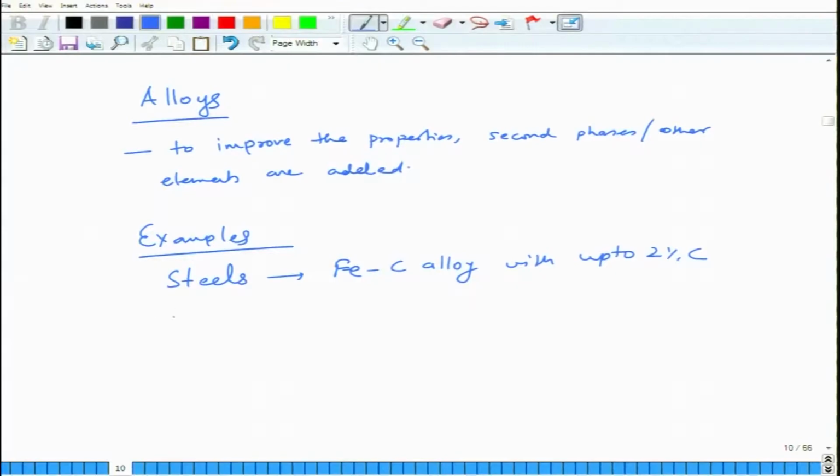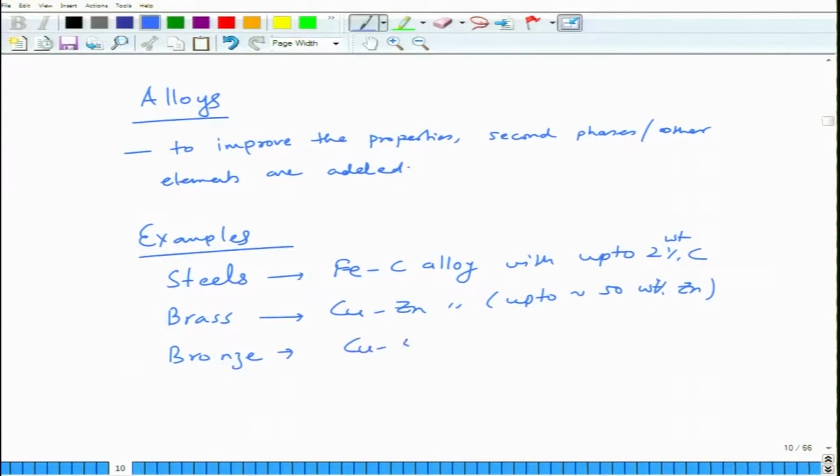Then you have brass. Brass is copper zinc alloy up to about 50 weight% zinc. And then you have bronze, which is copper tin alloy, which has up to about 12 weight% tin.